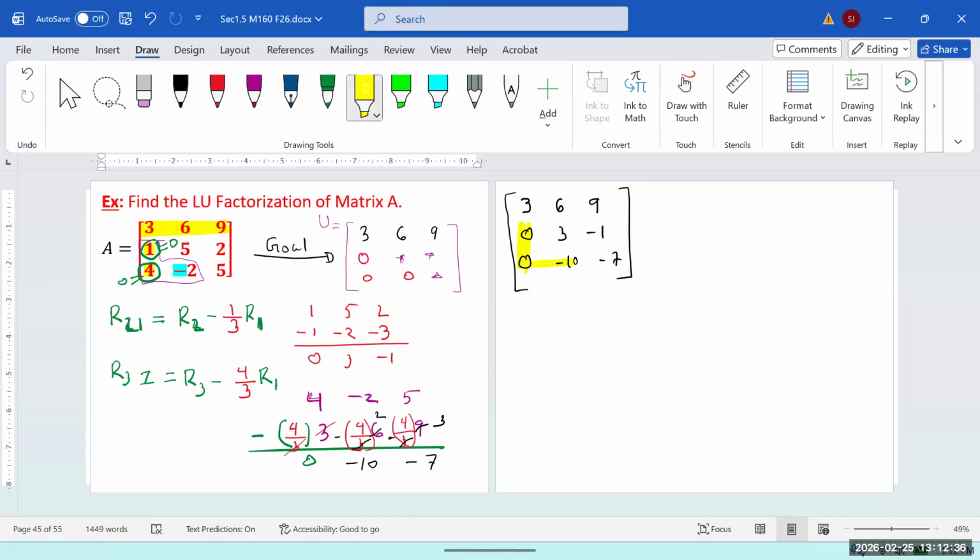Now the only thing we need to change is this -10. We want this -10 to be 0. So we are changing this position, which is row number 3 and column number 2. So the allowed operation is row 3 minus something times row 2.